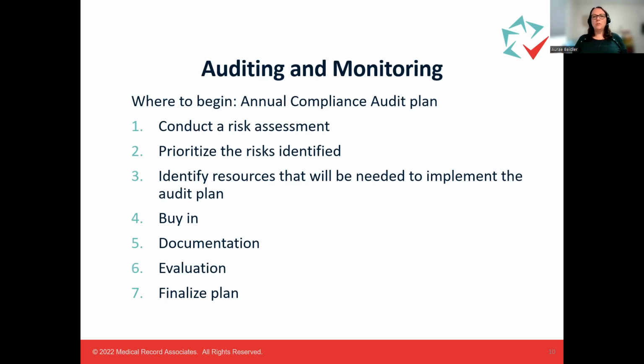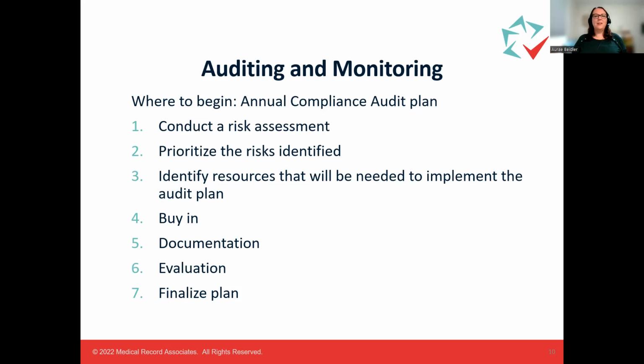Maybe you want to do interviews of employees or leaders. Maybe you just want to do it more internally through your compliance program. Maybe you just want to use last year's risk assessment and then reassess that. You're going to prioritize the risks identified either through some type of numeric score or just a high, medium, low. And then you want to identify resources that'll be needed to implement that audit plan.